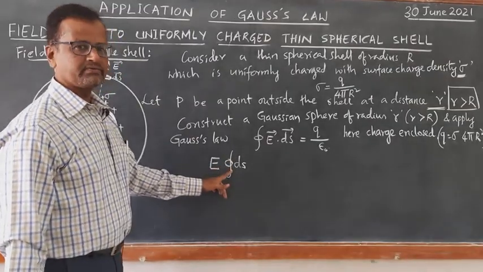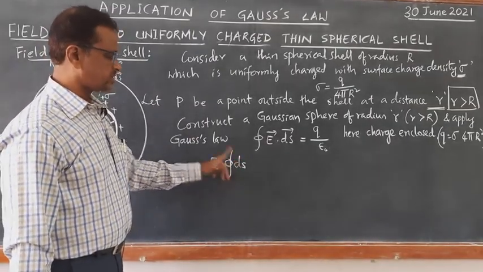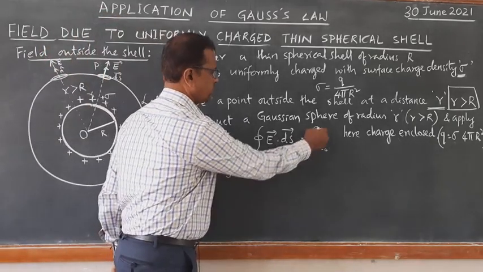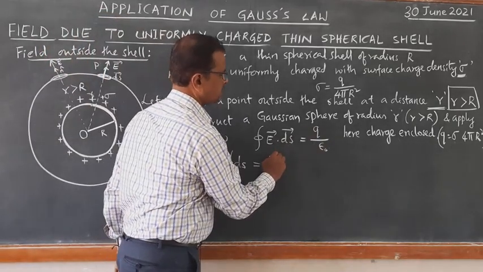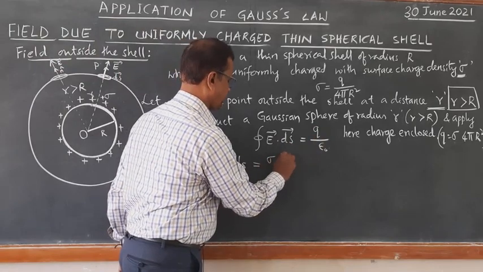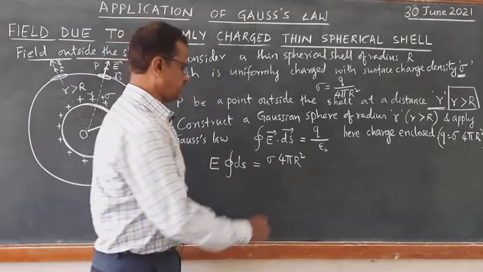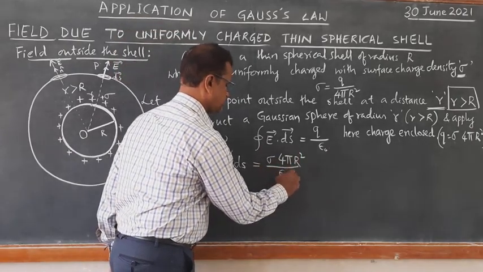This surface integral over the closed surface, the Gaussian sphere here, is equal to Q by epsilon naught, where Q is sigma into 4 pi capital R square.